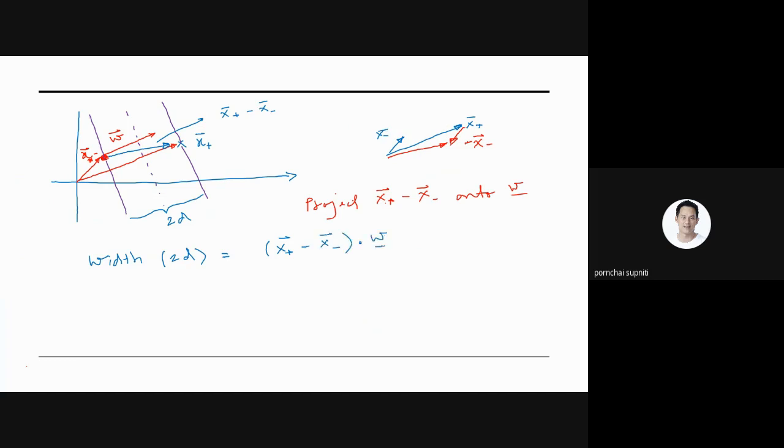Times W, and then normalize by the size of W. This is so that W over the size of W becomes a unit vector. And how do we find this? So let's put a star here. Well, from previously, we have that.